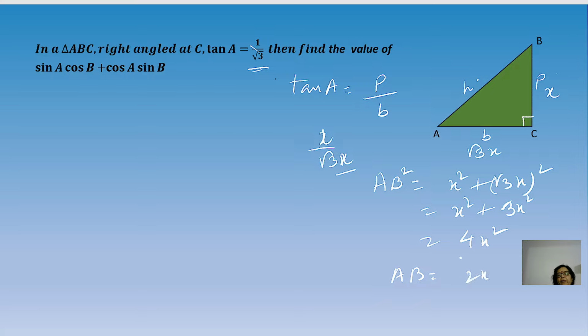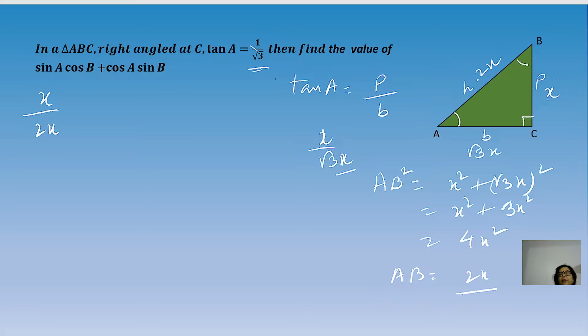Of course it's an equation and we'd get plus minus, but it is not necessary to take the negative sign, because this is a triangle, and in a triangle sides are positive, so we take only the positive value 2x. Now we need to find the value of the expression sin A cos B plus cos A sin B. Sine of angle A will be x upon 2x.